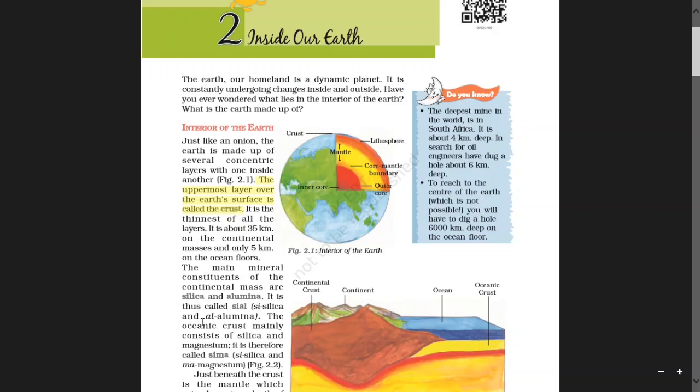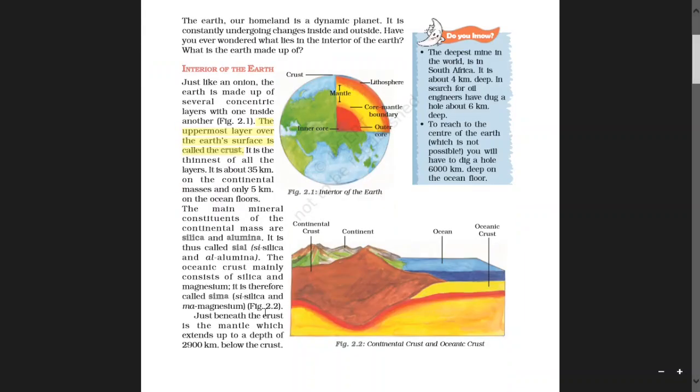The oceanic crust mainly consists of silica and magnesium. Oceanic crust means the hard outer part under the ocean. Magnesium is a light silver-white metal that burns with a bright white flame.